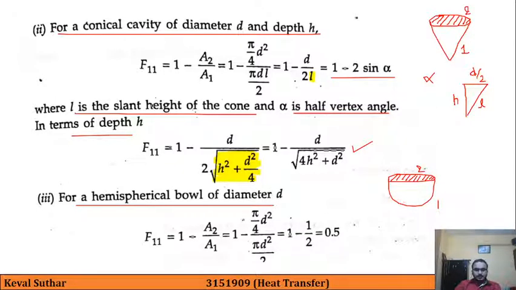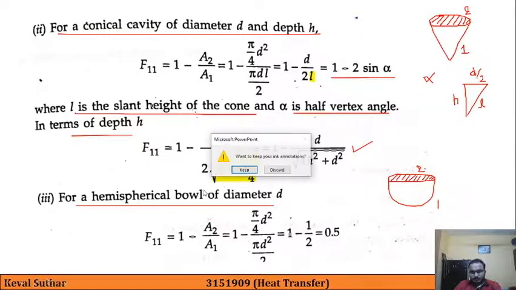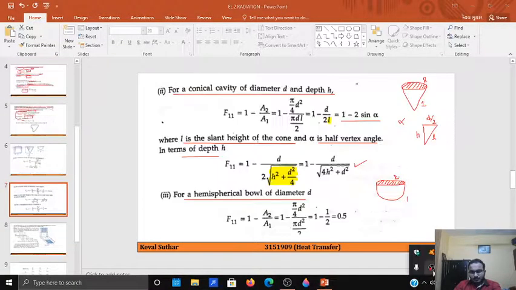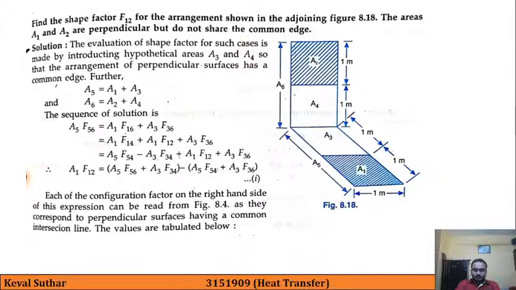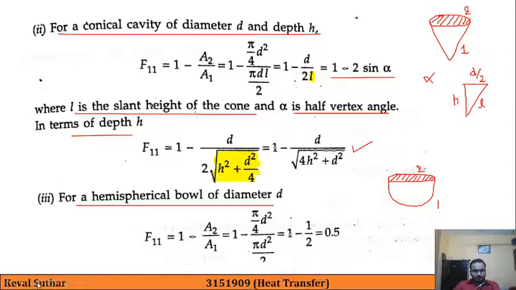So here the area for surface 2 will be pi by 4 d square as usual, and the surface area for this surface will be pi d square by 2, and finally we are getting 0.5.